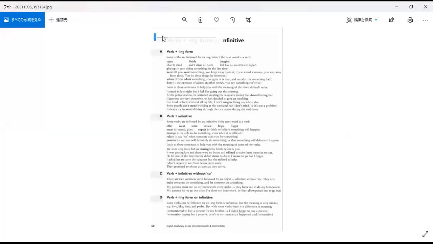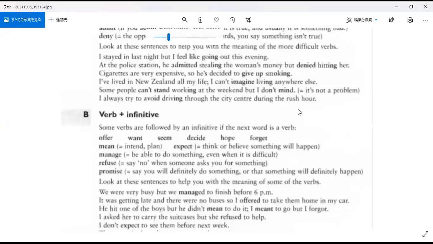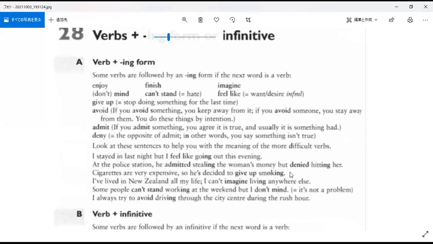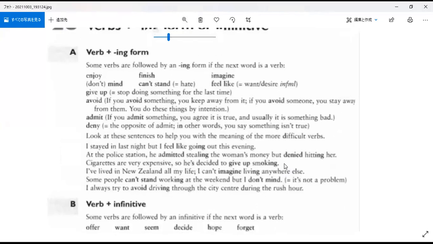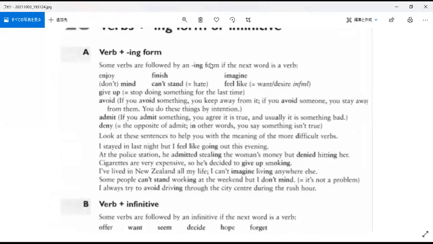As you can see, verb ing form and infinitive. Some verbs are followed by ing form if the next word is a verb. But usually if it's continuous, okay? Jadi beberapa kata kerja itu ditambahin dengan ing.